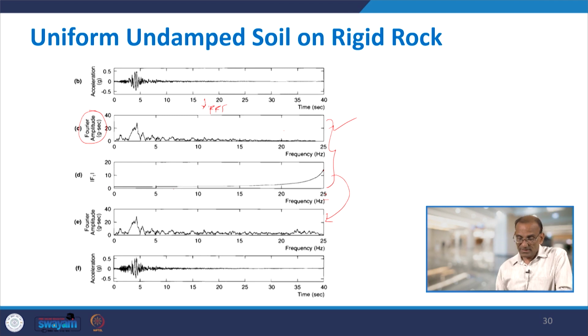So, you see there is not a large difference between C and E; they look similar, and the reason is that the value of the transfer function was very low in the range of interest where the maximum peaks are coming. It influences much more after 20 hertz, but that range has gone out, so you do not have any peak values in that range.